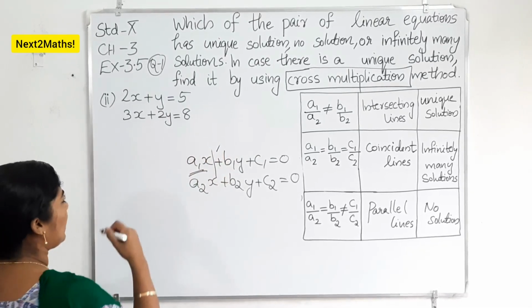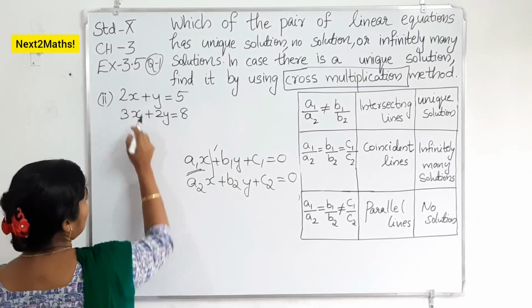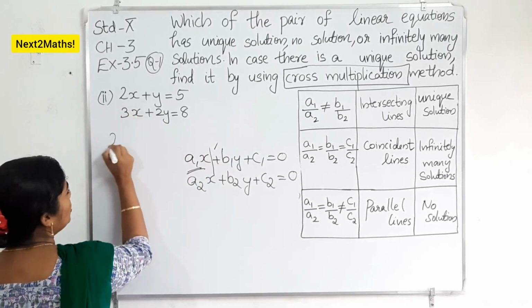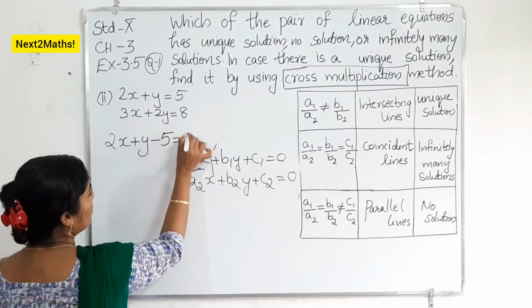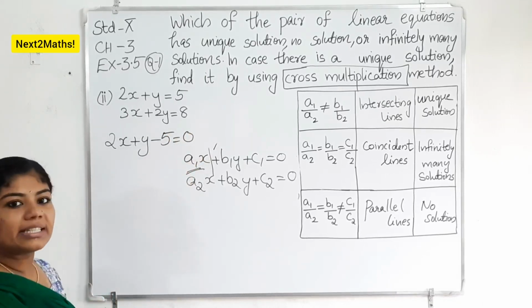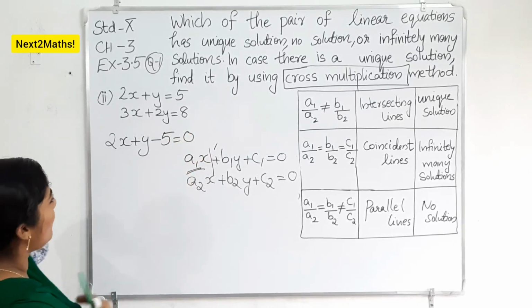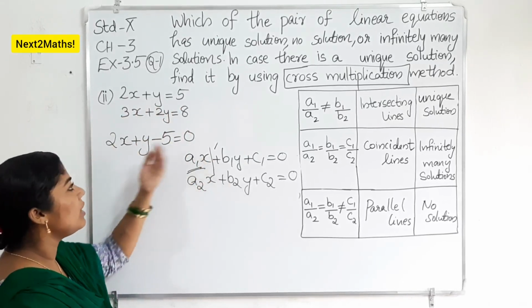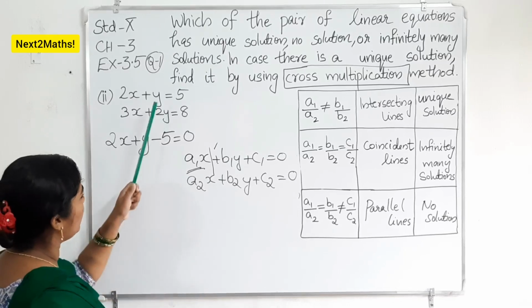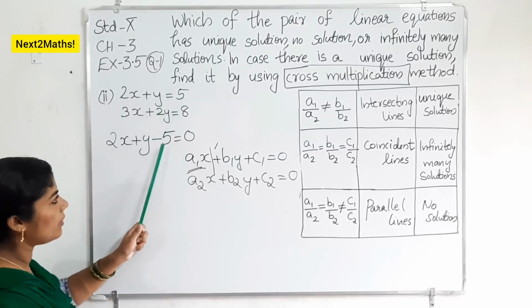So let's make some changes and rewrite the question. The first equation let's write as 2x plus y minus 5 equal to 0. So we are changing it like this: 2x plus y, moving the 5 from the RHS side to the LHS, minus 5 equal to 0.